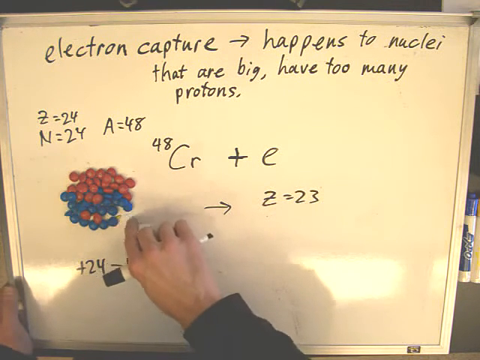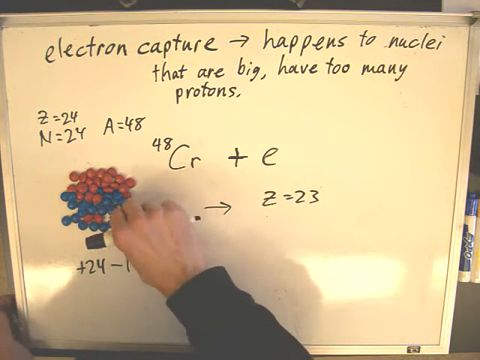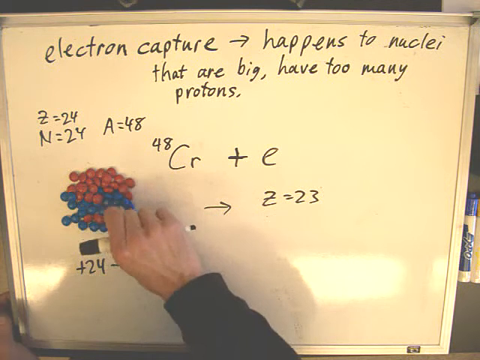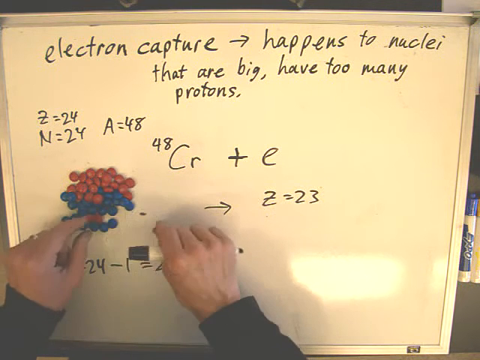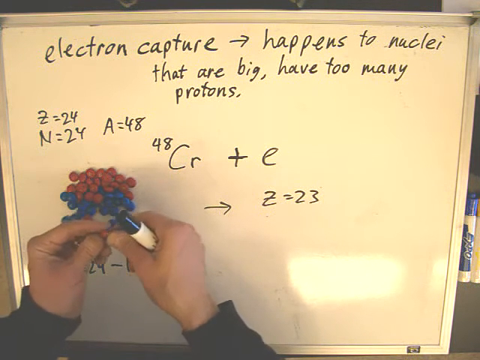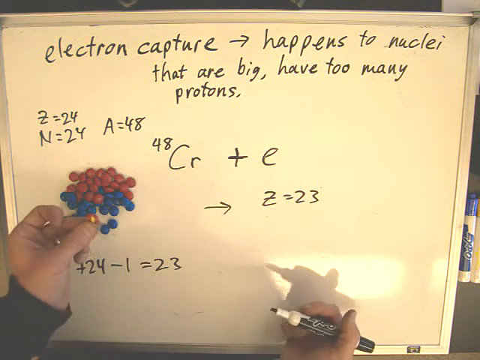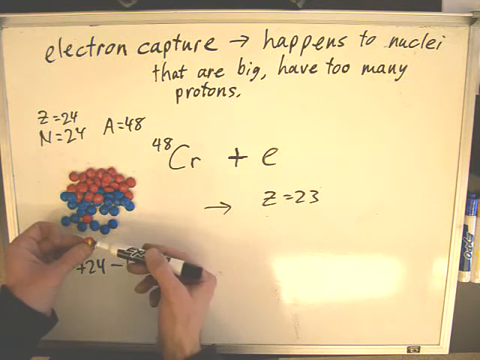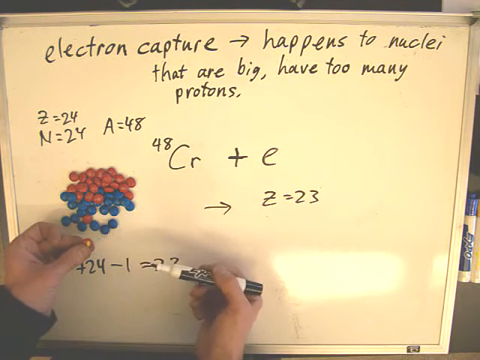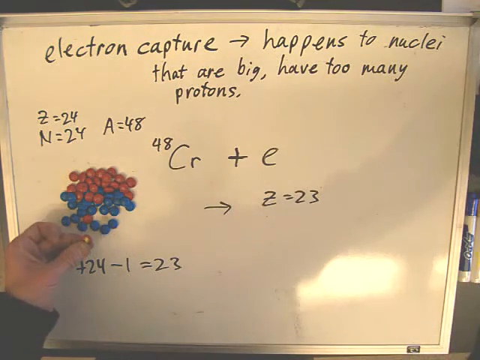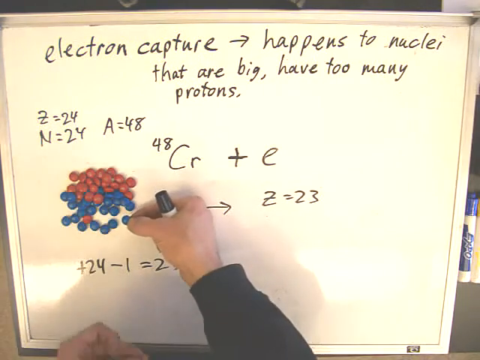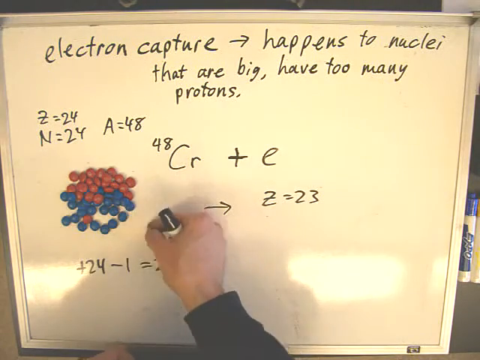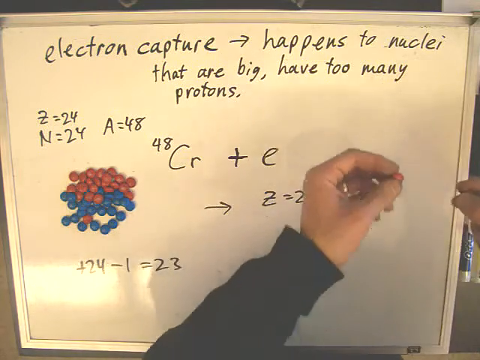How do I show that? Well, here's how I can do it. I can imagine putting this negative charge in here. And what will happen if I stuck that negative charge onto a proton? Well, I get a negative charge and a positive charge. And if I add them up, actually, I get 0. So I can take this out and replace it with a neutron, and that is actually what happens.